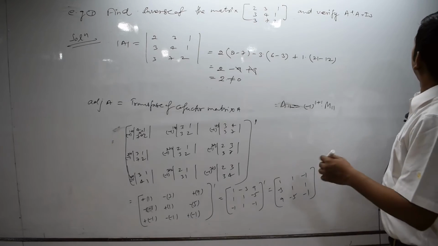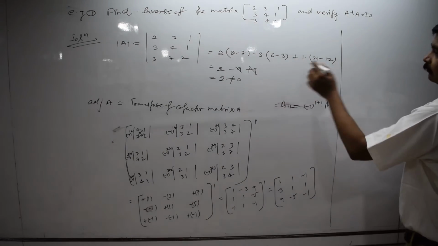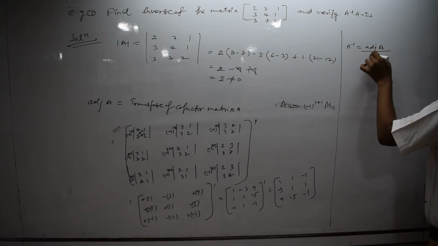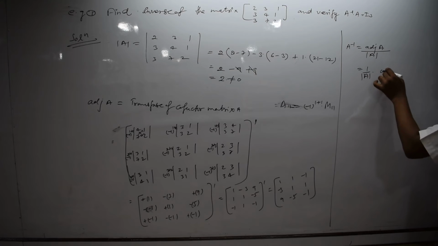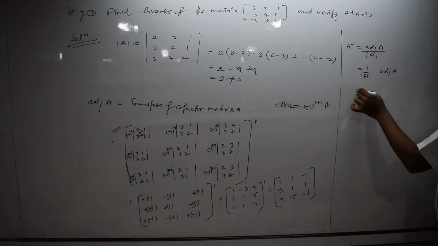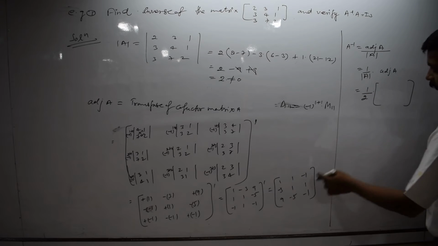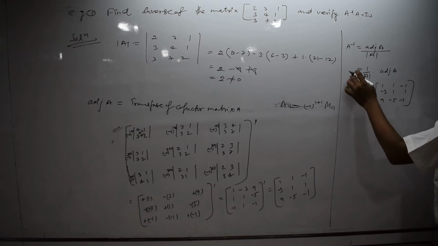Now, the next step is that we want A inverse. So, A inverse equals adjoint A upon determinant A. So, we say 1 upon determinant A into adjoint A. So, this will be 1 by 2, and here we use the adjoint of the matrix: 1, 1, minus 1, minus 3, 1, 1, 9, minus 5, minus 1. So, this is the adjoint.